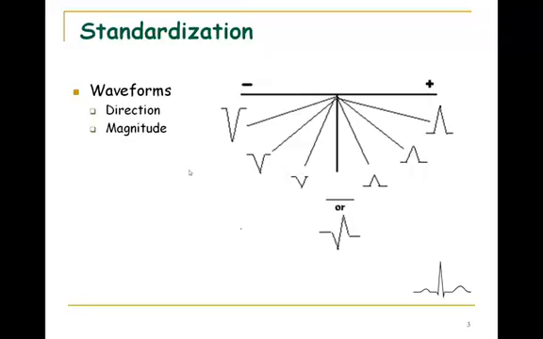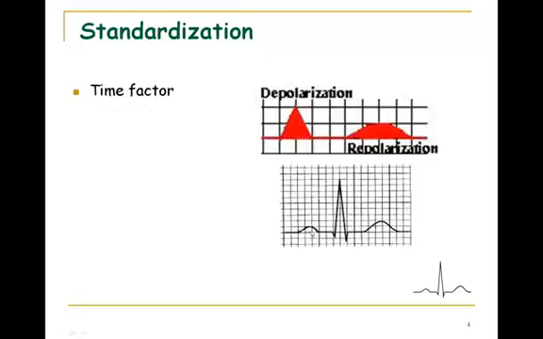For example, if you look at the P wave, which represents depolarization of the atria, versus the QRS complex, which represents depolarization of the ventricles, the voltage recorded from the ventricles is much greater because the ventricles have much more muscle mass than the atria. So magnitude can be determined by the amount of muscle mass, the timing, how much time is required to do that depolarization or repolarization, and how the average current flow is running relative to the lead.